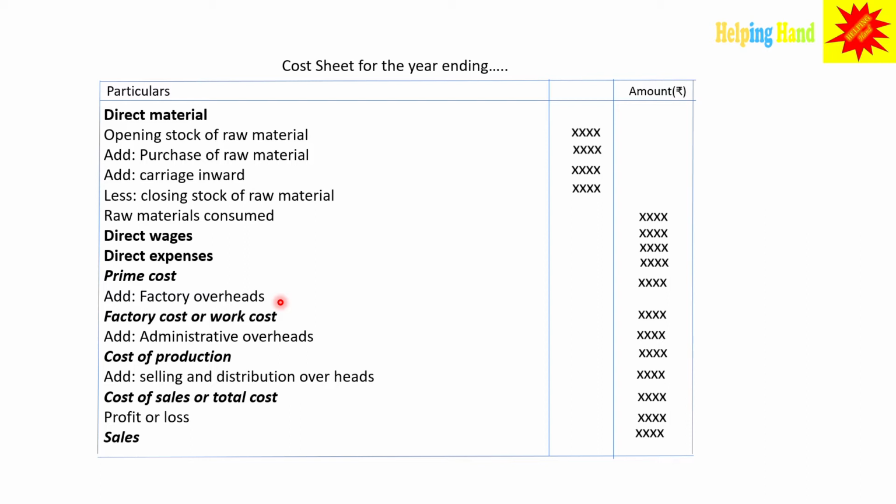What do you mean by overheads? Overheads are those expenditures which are related to the production process or selling process or any other process, but are not directly involved in the manufacturing process. For example, rent is definitely required as an expenditure for the purpose of manufacturing or selling or whatever it is, but it is not directly involved in the production process.